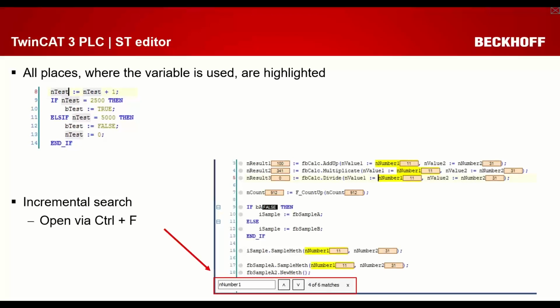In addition, if you search for something specific, you have now access to an incremental search, which is directly integrated into the ST editor. So you can open this incremental search via Control F, and then you see that all places where the specific text is found are also highlighted, and you can simply switch between the results by clicking the arrow buttons.